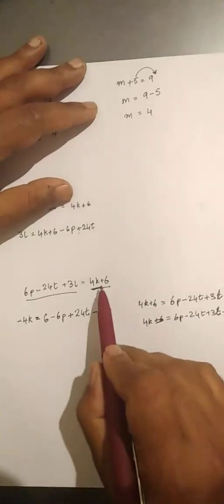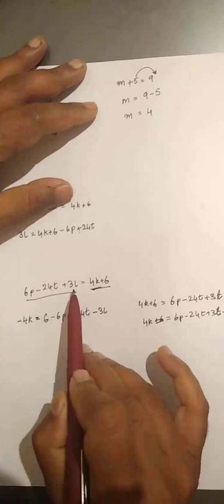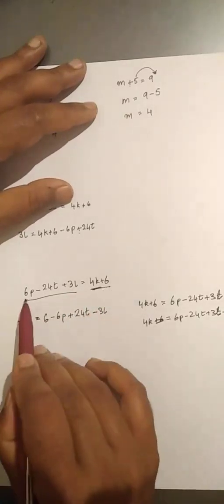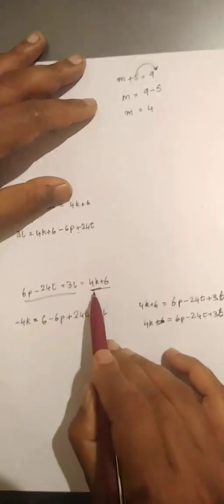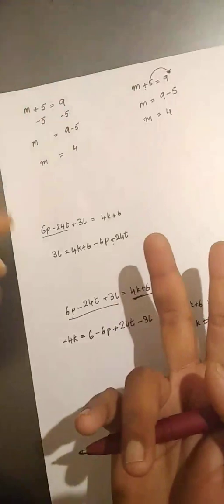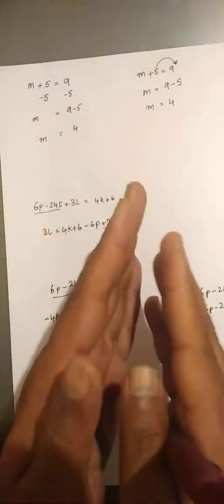Now let's look at another way of doing this. We've said that 6p minus 24t plus 3l equals 4k plus 6. That means this entire thing equals this entire thing. We can simply switch the whole left hand side and the whole right hand side.